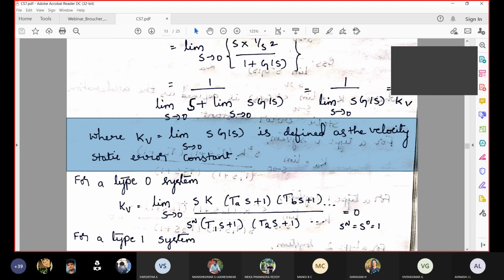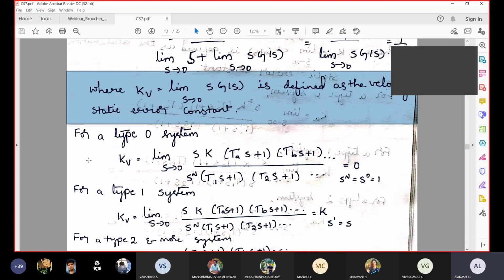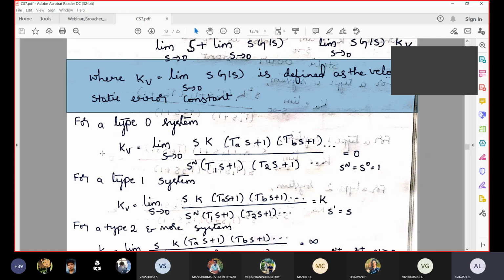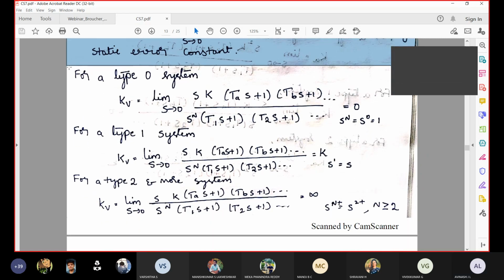Now you see here, for type 0, type 1 and type 2 systems, how does it happen?